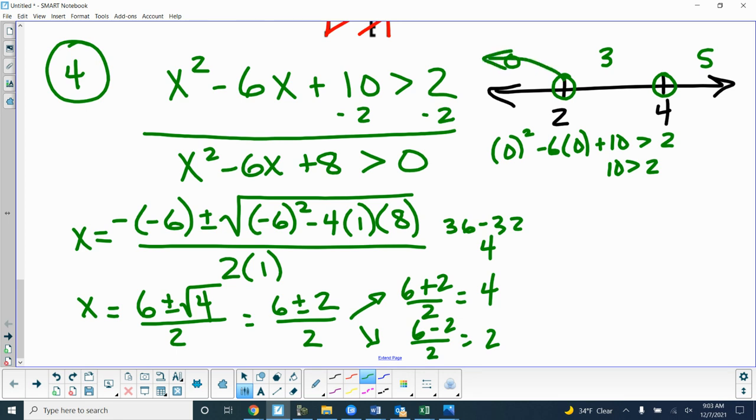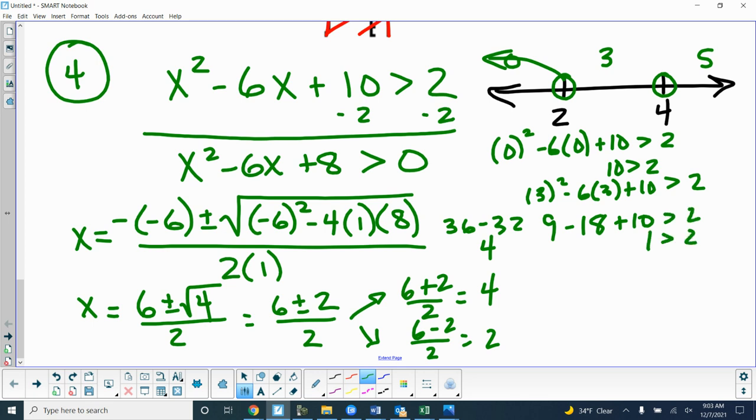All right? Then I'm going to put 3 in there. So 3 squared is 9, minus 18 plus 10. 9 plus 10 is 19, minus 18 is 1. Is 1 greater than 2? No. So I wouldn't connect the two circles.